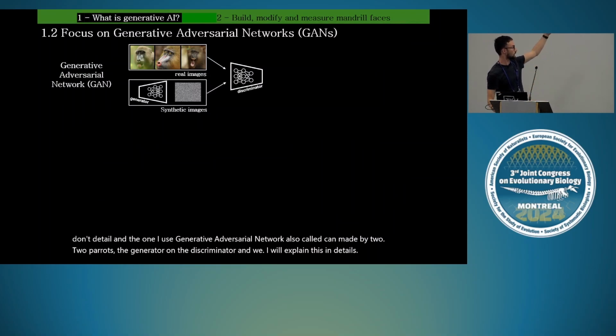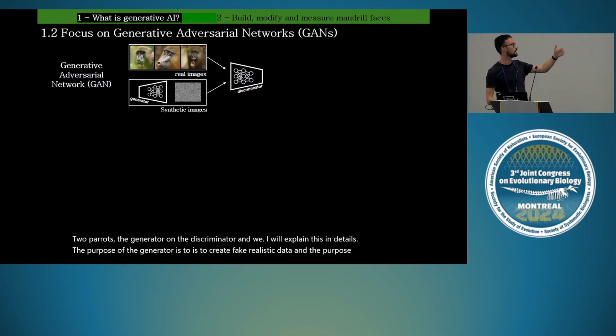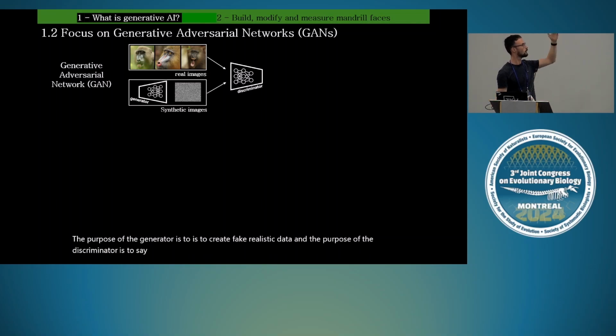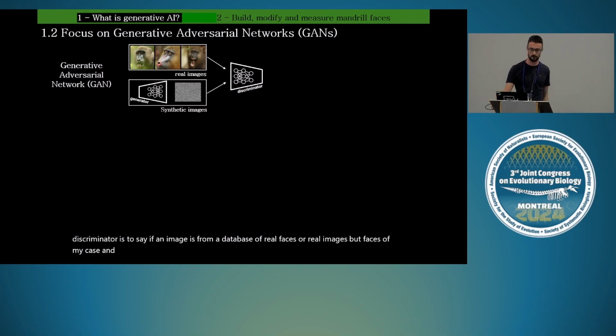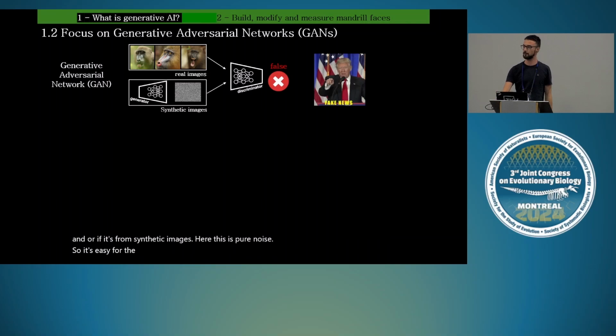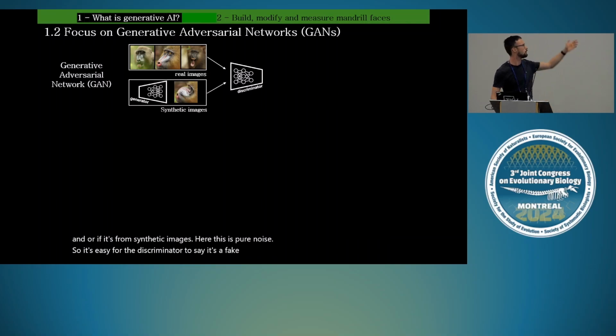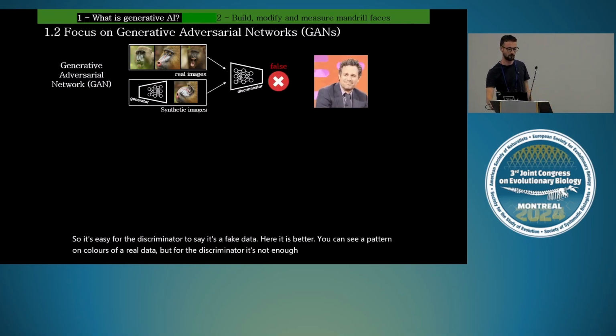The purpose of the generator is to create fake realistic data. And the purpose of the discriminator is to say if an image is from a database of real images, faces of mandrills in my case, or if it's from synthetic images. Here, this is pure noise, so it's easy for the discriminator to say it's fake data. Here, it is better. You can see a pattern and colors of real data, but for the discriminator, it's not enough, and it also says it's false.